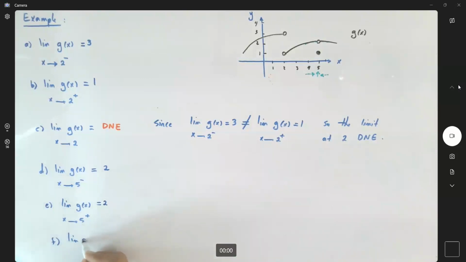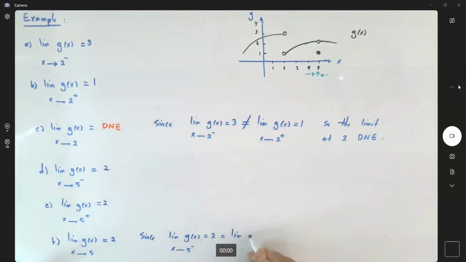So the limit of the function when x approaches 5, either from left or right, it doesn't matter. Both of them are equal to each other. It is 2. So since the limit of the function as x approaches 5 from the left is 2, and it is equal to the limit as x approaches 5 from the right, which is again 2, the limit at 5 is 2.